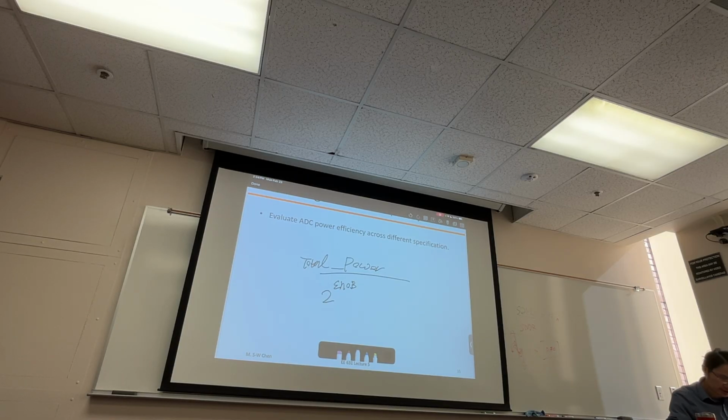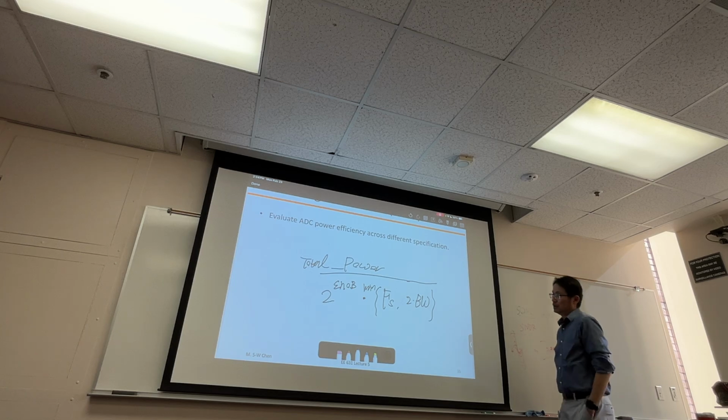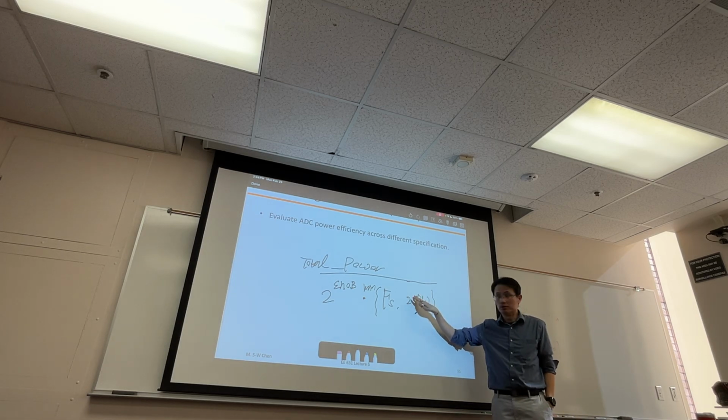times Fs. In fact, there should be the minimum of Fs or twice the signal bandwidth. For the Nyquist ADC, of course, there's no difference, because Fs equals twice the bandwidth.